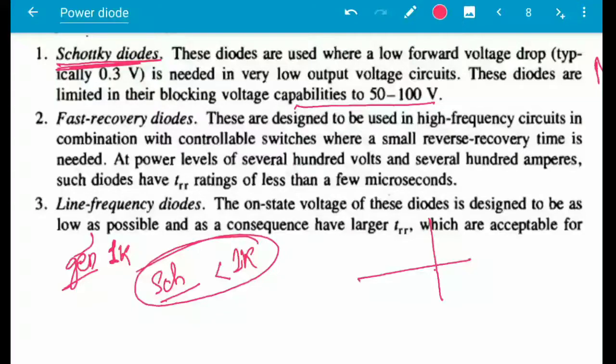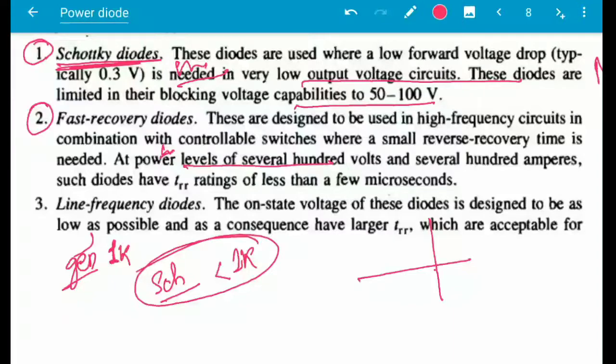Such diodes have less TRR. So the difference between Schottky diode and fast recovery diode is that the Schottky diode is a metal semiconductor junction, and this is a p and n type semiconductor junction, and these have higher rating than Schottky diodes.